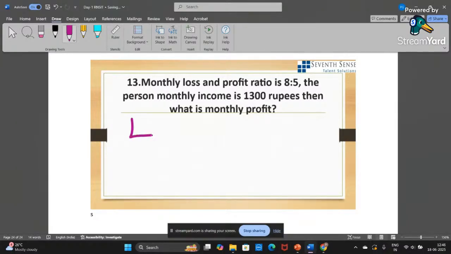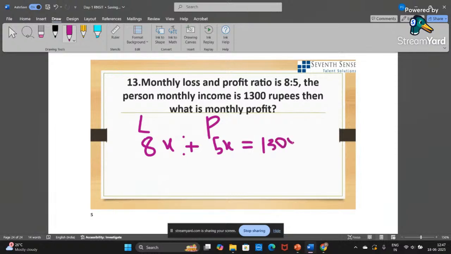So here, loss and profit, 8 and 5. What you have to do is take x, because they're in ratio form, so there must be some common multiple. So adding these two, we'll get 1,300.